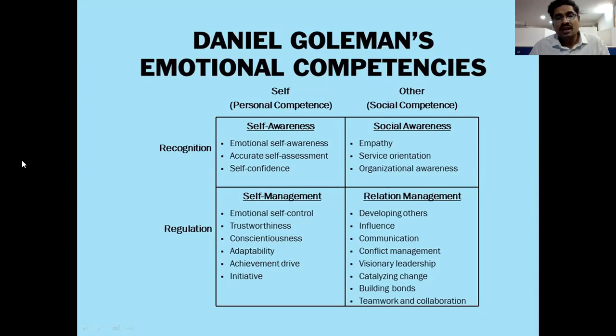Emotional competencies, as I just told you, is to develop or build the capabilities and abilities to control our emotions. So these are the few points we need to recognize and understand: what abilities and capabilities we should develop for controlling our emotions.